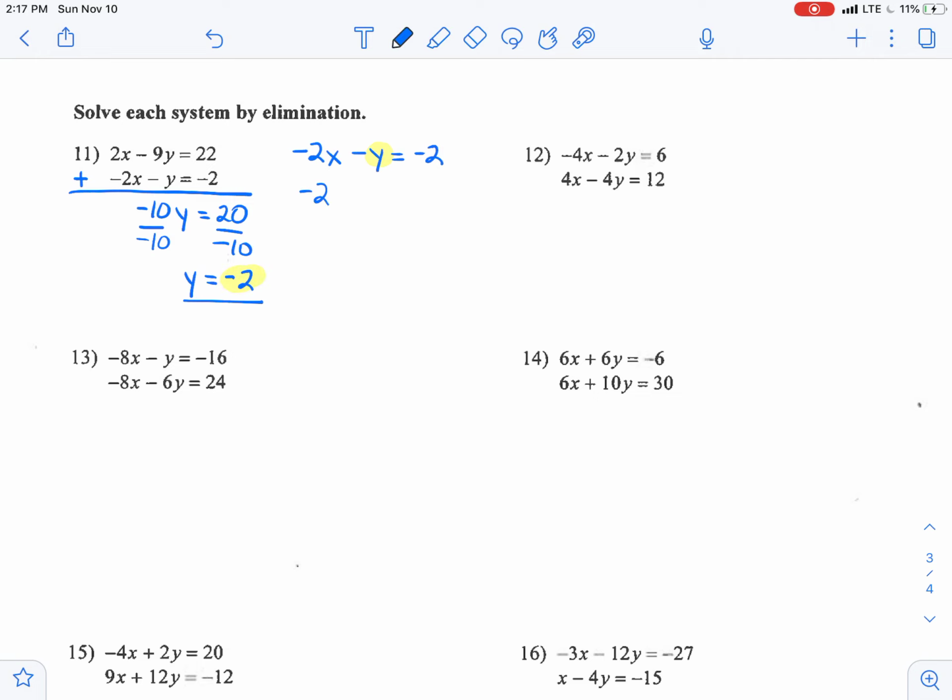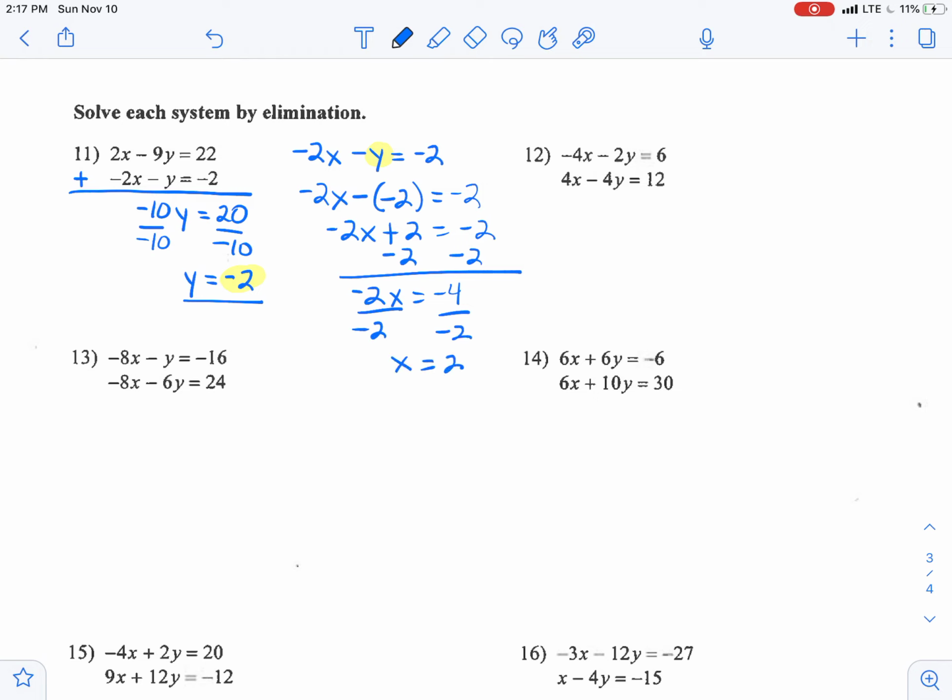So I have a negative 2x minus, and look, my y is a negative 2, so do be careful there. So I get a negative 2x plus 2 equals a negative 2. I'm going to move my 2 over. Negative 2x equals a negative 4. Divide, x equals 2. And so my answer here would be 2, negative 2. Okay?